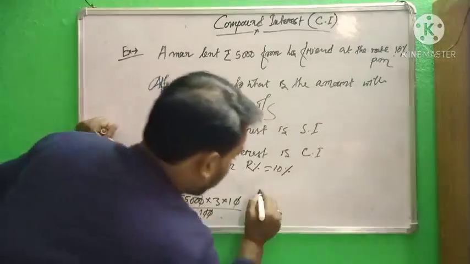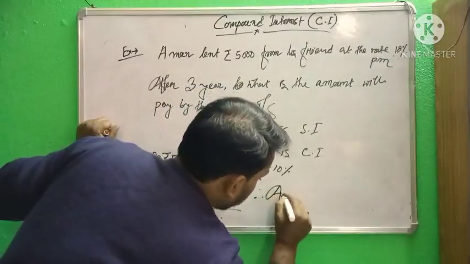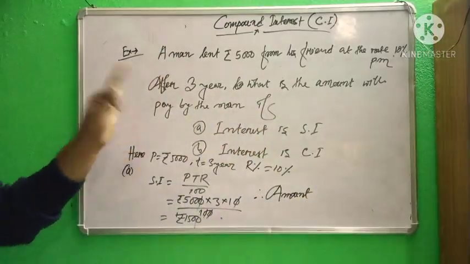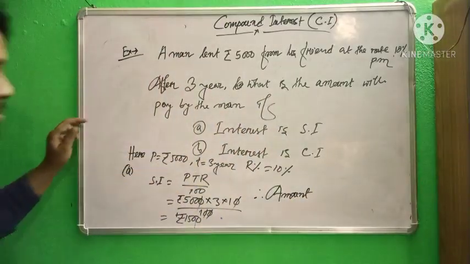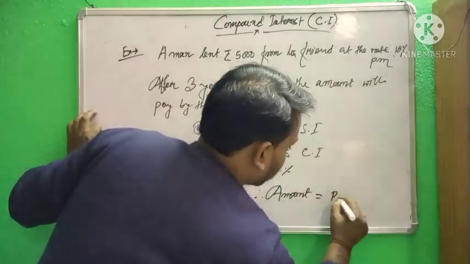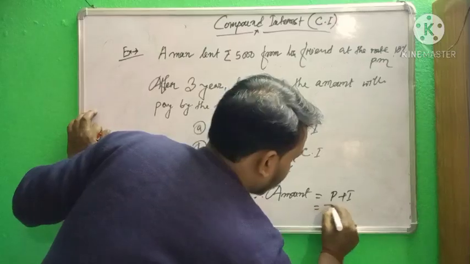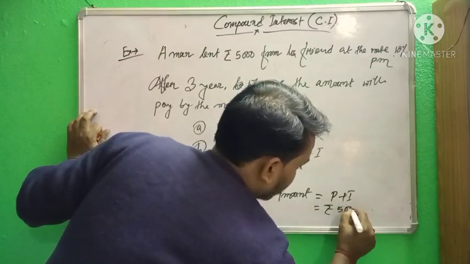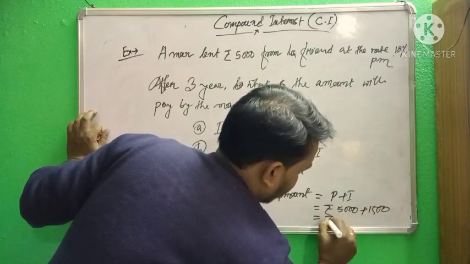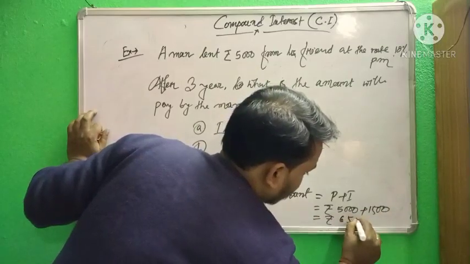Therefore, the amount the man will pay equals principal plus interest, that means rupees 5,000 plus 1,500. So it becomes 6,500. Okay.